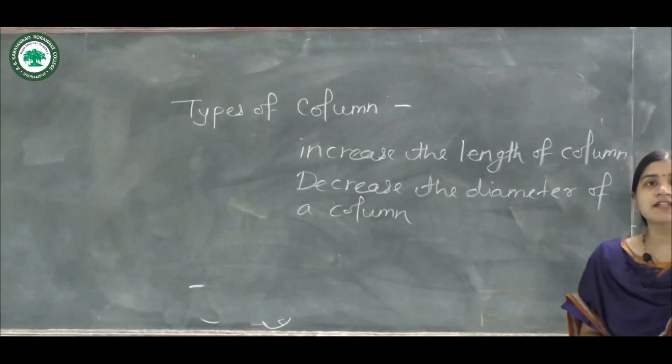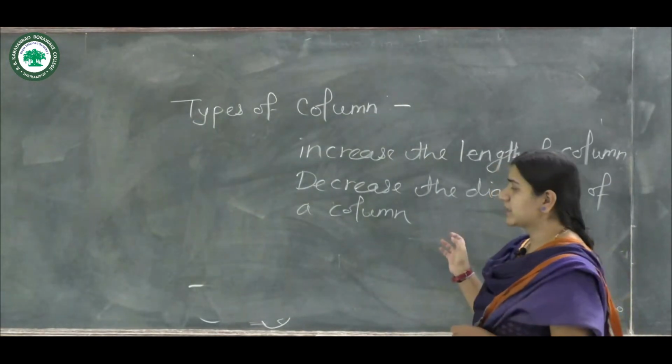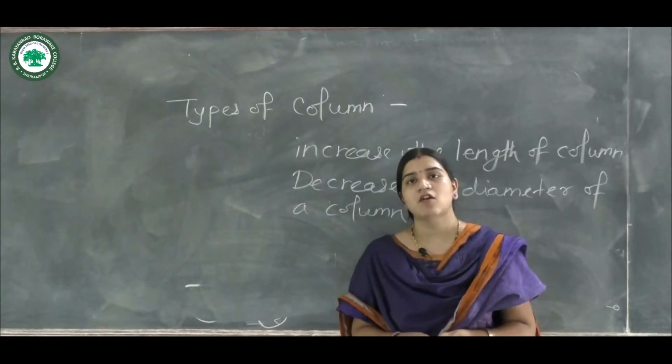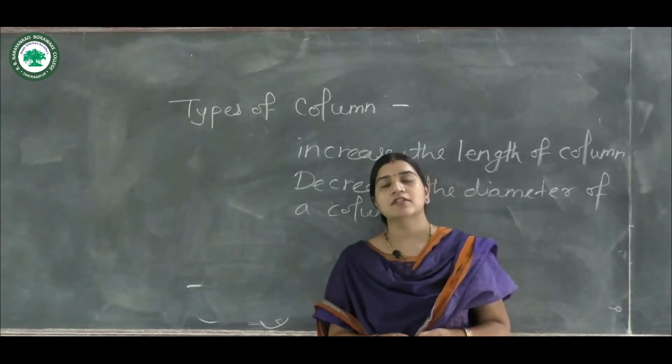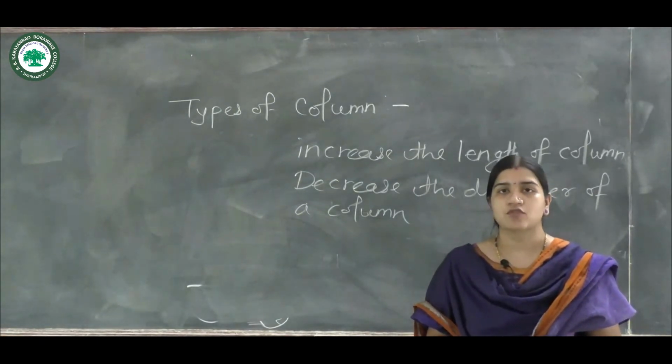So an increase in the length and a decrease in the diameter of a column will enhance the efficiency of the column. As a result, you will get a well resolved and well separated chromatogram.